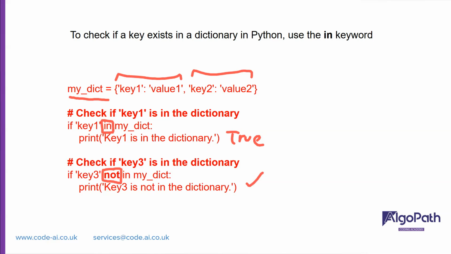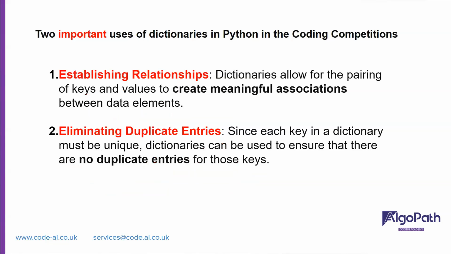So now you have the power of deleting, adding, updating, making, finding, searching, anything you want in dictionaries. Two important things to think about, particularly for coding and in competitions, is that the whole idea of dictionaries is to create meaningful relationships. And that is to make a key and give a value for that key. This has a meaningful relationship with that key.